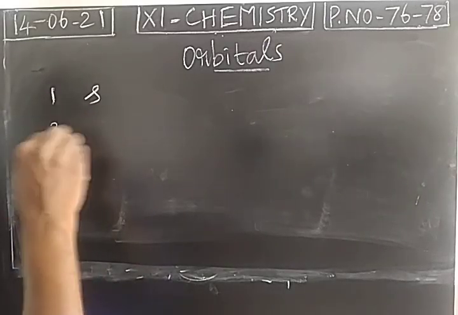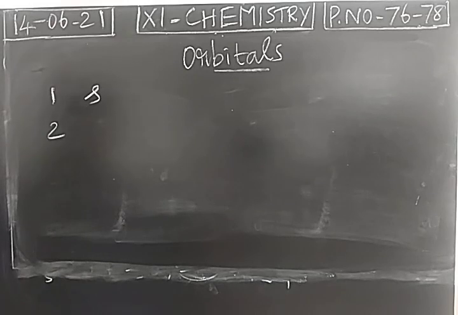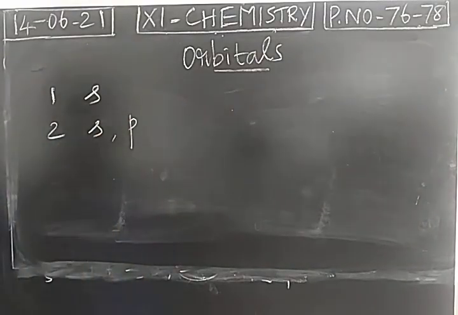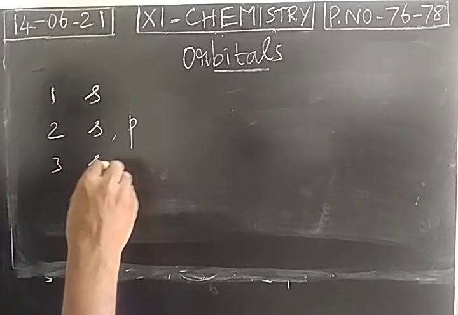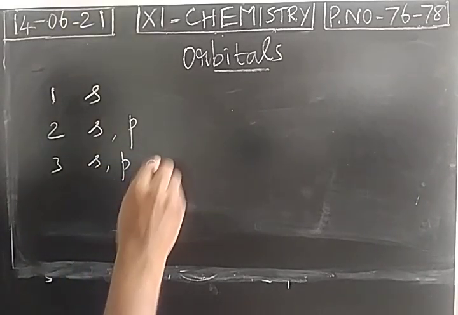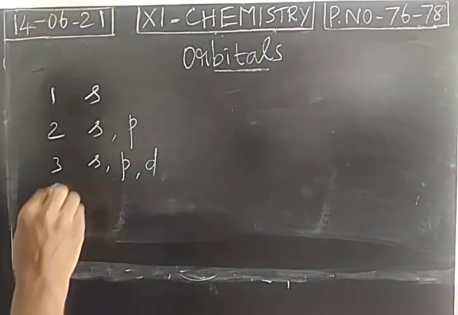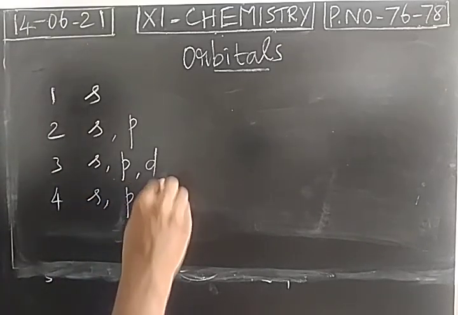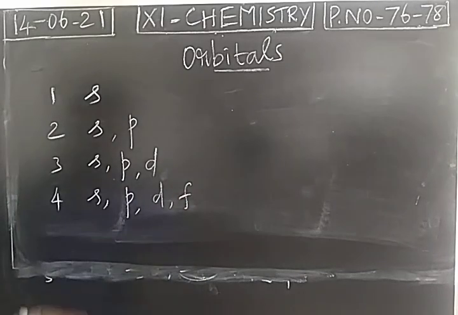The second shell, the L shell, has s orbital and p orbital. The third shell has three types of orbitals, s, p and d. The fourth shell has s orbital, p orbital, d orbital and f orbital. From the fourth shell onwards, all the shells have four types of orbitals.